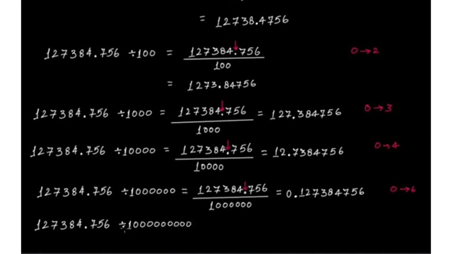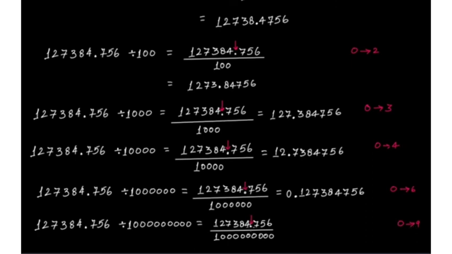So now this is the same number, 1, 2, 7, 3, 8, 4.756, being divided by a number that has 9 zeros: 3, 4, 5, 6, 7, 8, and 9. Okay, no issues. Our decimal point is here. We have 9 zeros in this case. You can count simply.